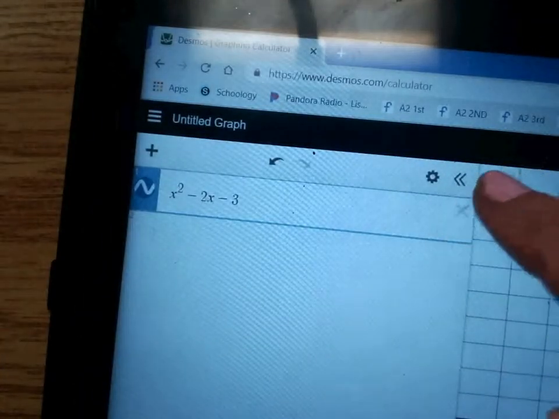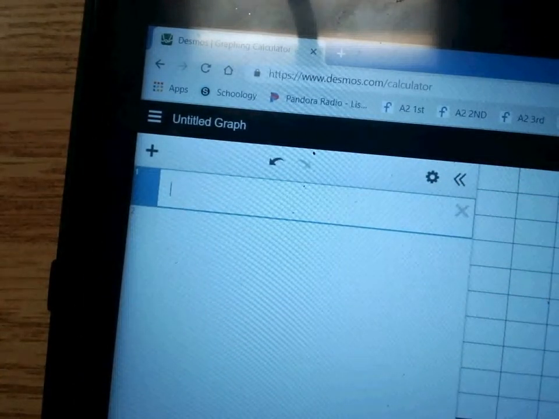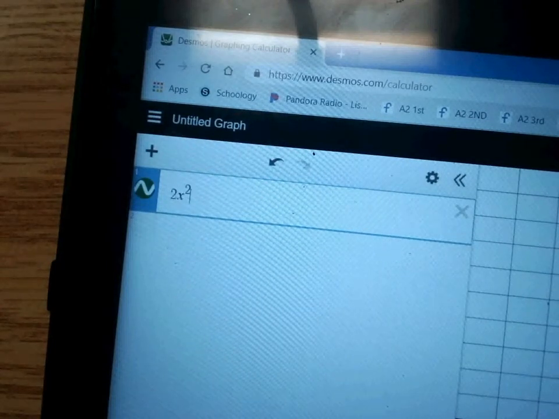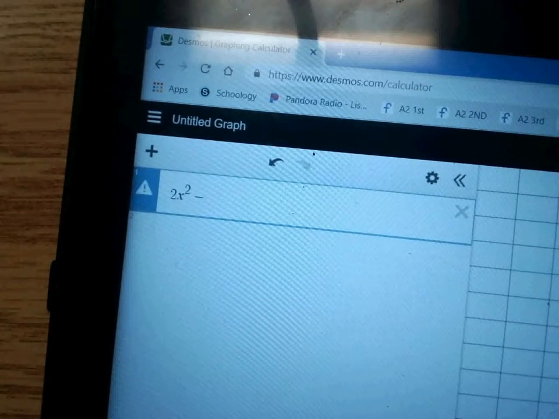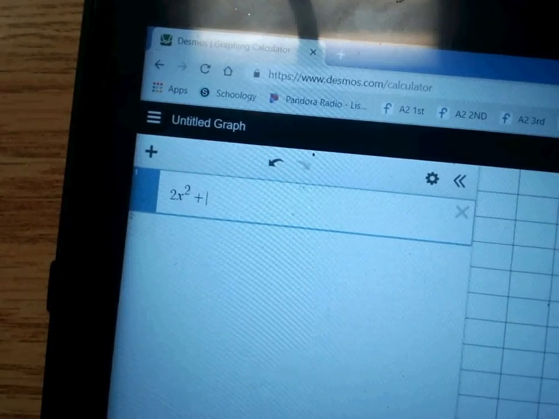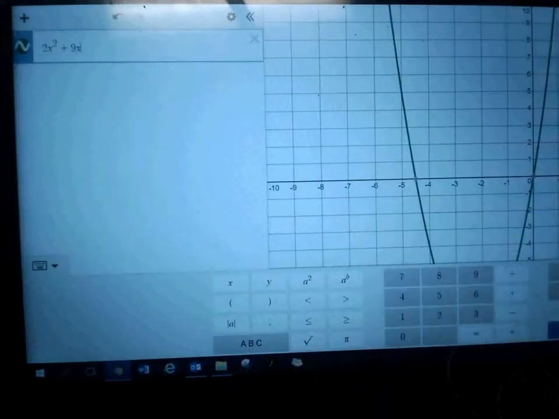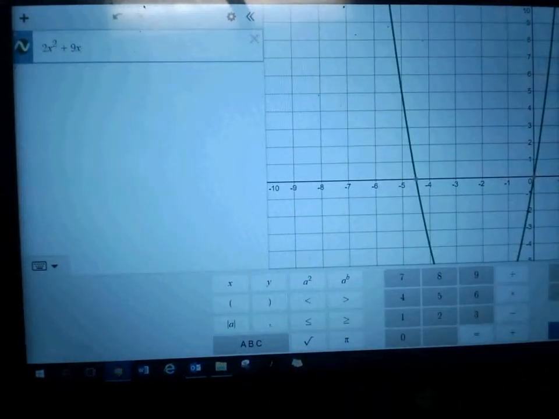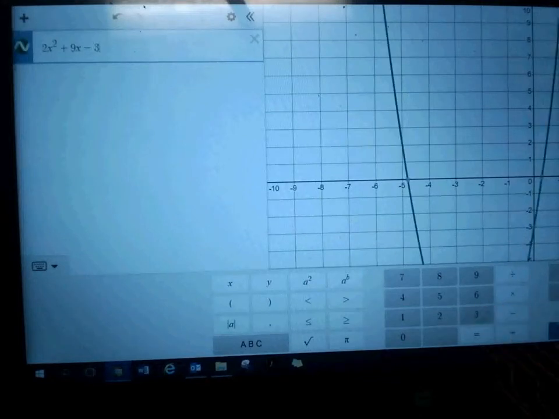The range, well, let's go ahead and graph it. 2x squared plus 9x minus 3.